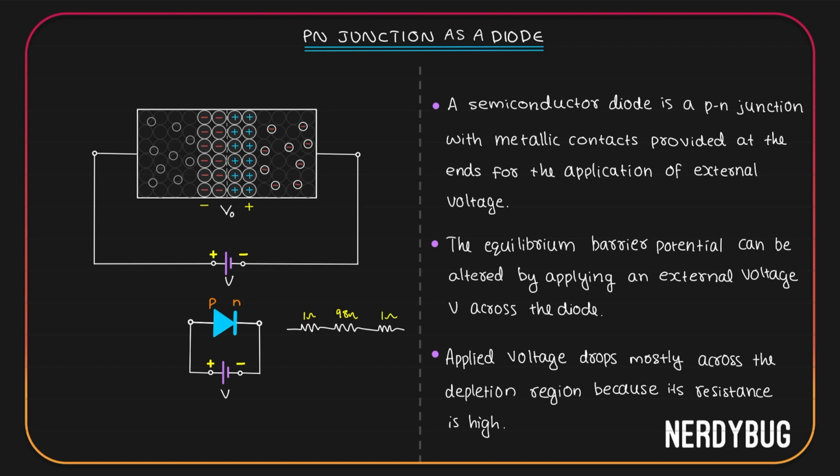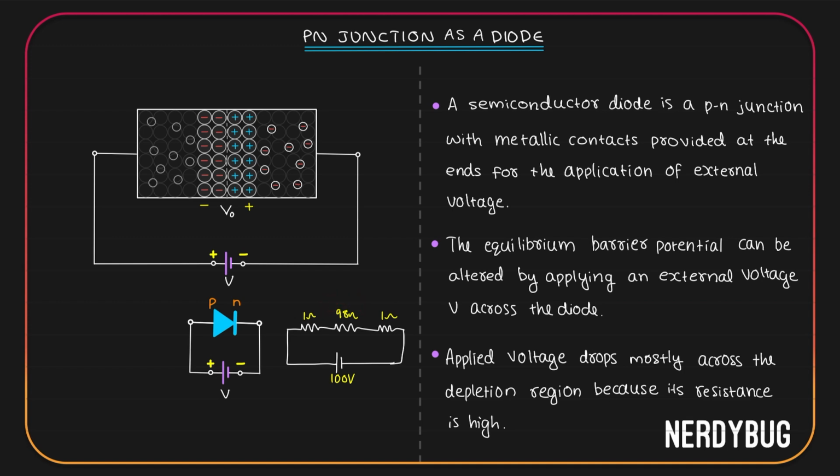They are all connected in series. Now I'll apply a potential. This is 100 volt. Potential drop across the 1 ohm resistors will be 1 volt each. But for the 98 ohm resistor, we will get 98 volt. So we can say most of the applied voltage is dropped over the highest resistance.